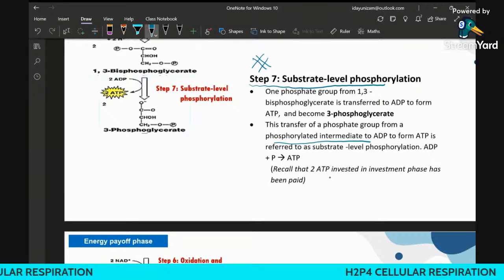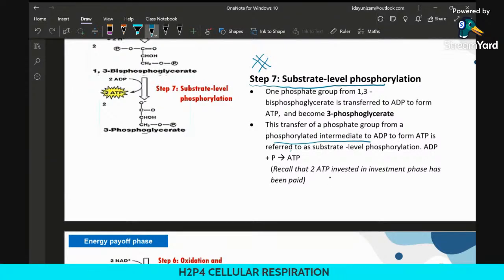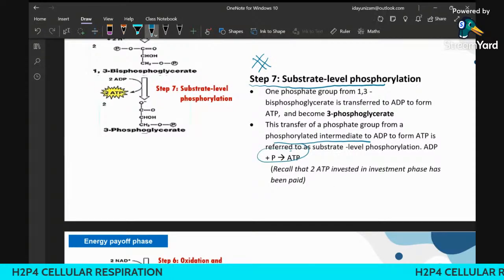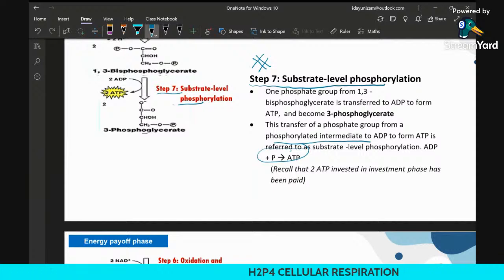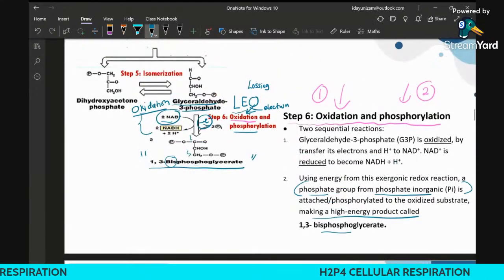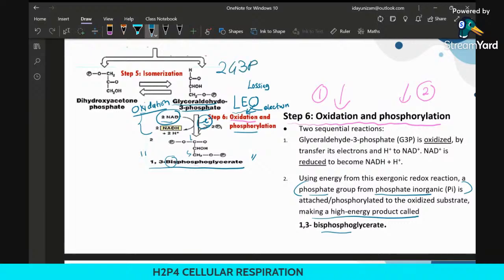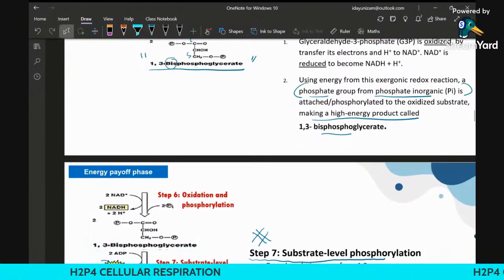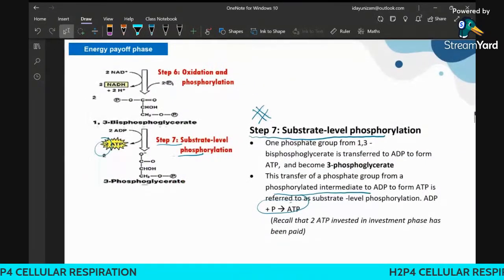The phosphorylated intermediate refers to the substrate, where ADP plus P gets ATP back. This is the first step where we yield ATP. How many ATP are produced? 2. Why 2? Because we involve 2 G3P from the beginning. So starting from step 6 and step 7, everything is times 2.